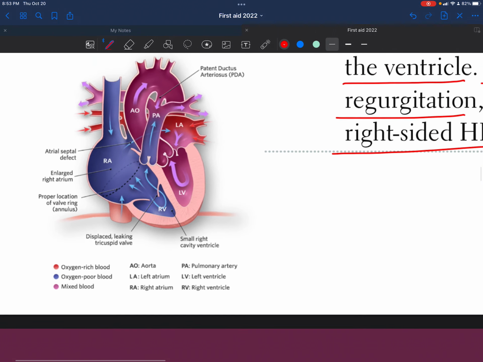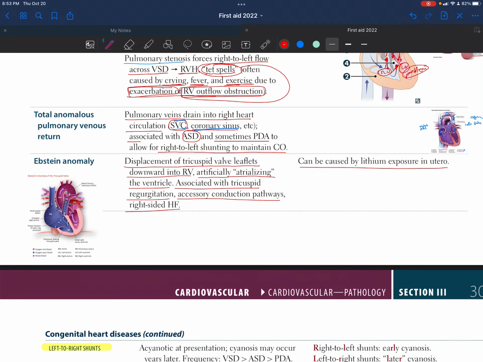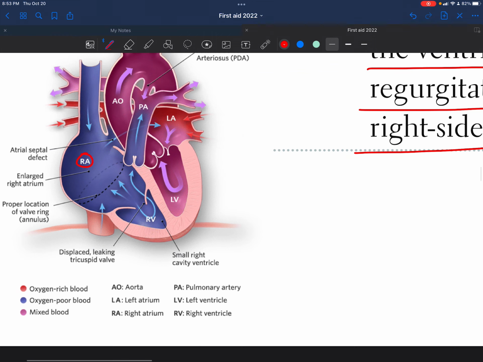So basically, it's a simple concept. It's just that displacement, a change from its normal position into a different position, of the tricuspid valve. It's the valve separating the right atrium from the right ventricle. So this is its proper place, where it should be located.